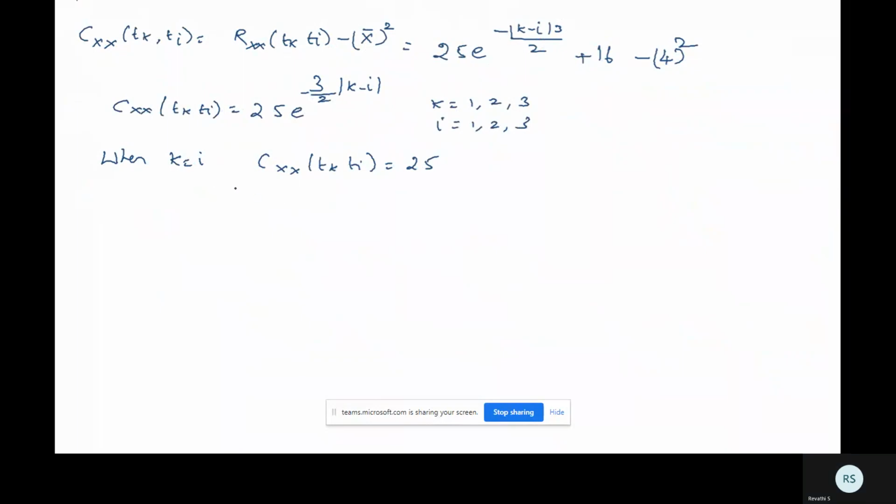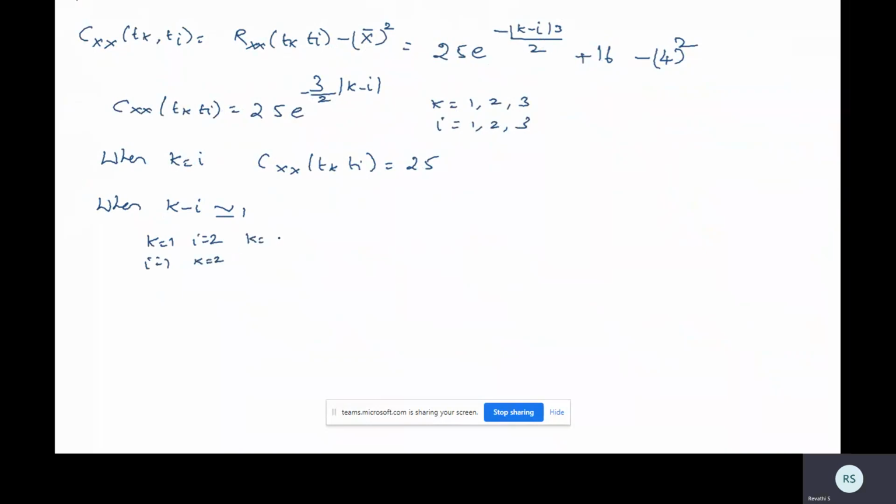Am I correct? Okay. Next, when k minus I, the difference is 1. Difference is 1 in the sense, it may be I is dominating or k is dominating. It may be 2 minus 3 or 3 minus 2. It may be 1 minus 2 or 1 minus 3. So what are the combinations that will work out? K equal to 1, I equal to 2, one combination, or I equal to 1, k equal to 2.